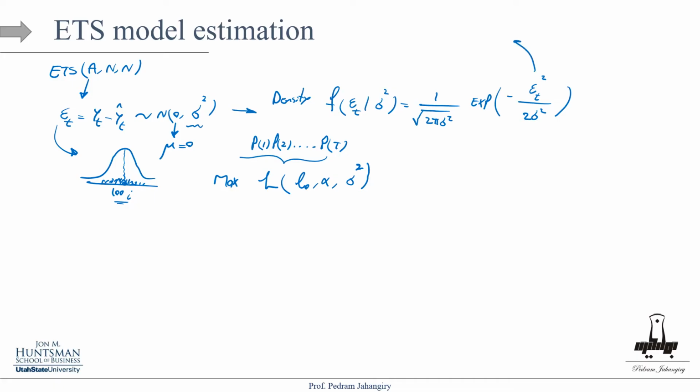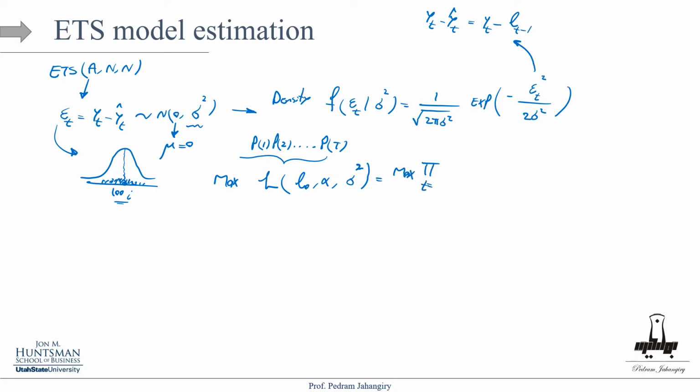Remember guys, this is your y t minus y hat t. What is y hat t? Y hat t is your l t minus 1. And inside the l t there's a process. Inside that smoothing process there's alpha and L0 as well. We've talked about it before. All right, so this is going to be maximizing the multiplication of a bunch of those density functions.